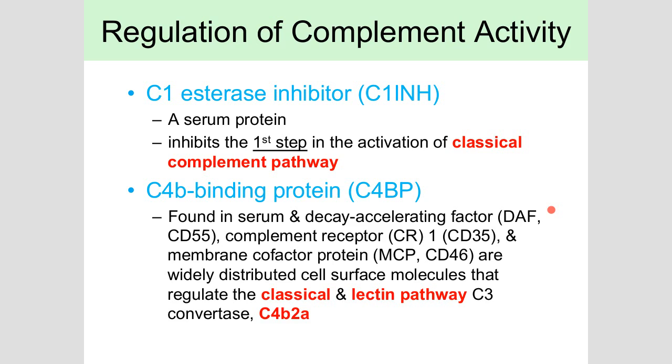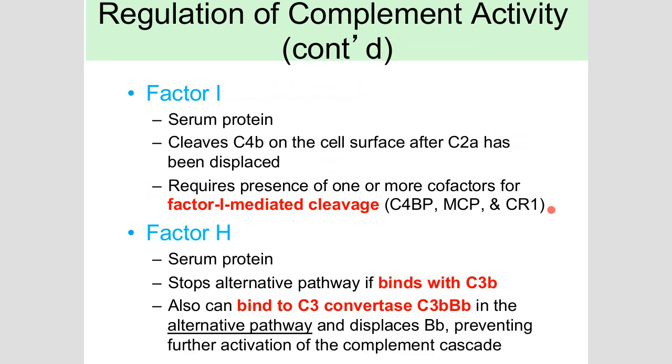We also check serum levels for that to make sure they are present. Some other regulatory components in our body are the serum protein factor I and the serum factor H.